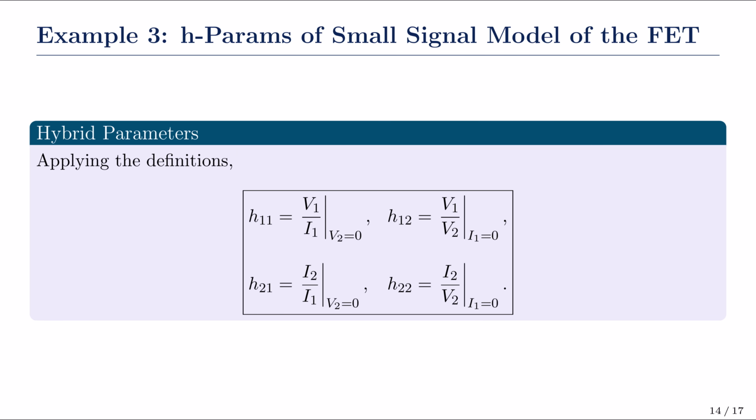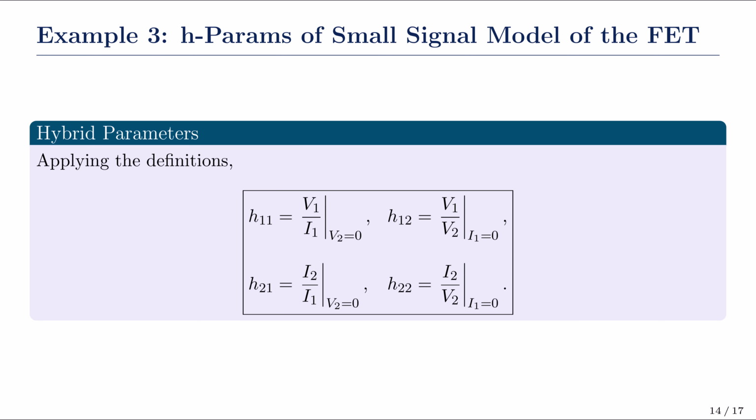We now apply the standard definitions of the h parameters. The first parameter, H11, is obtained with the output port short-circuited, so V2 is 0. The reverse voltage ratio, H12, is obtained with the input port open-circuited, so I1 is 0.